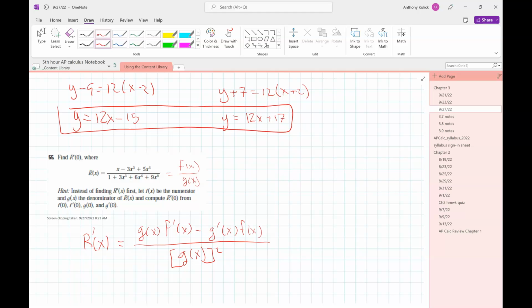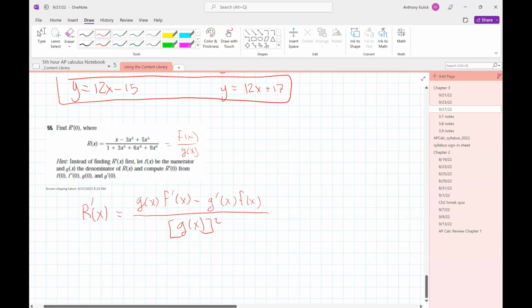And because this function we're given is pretty gross looking, I can evaluate this a little bit easier if I just do f prime of x.